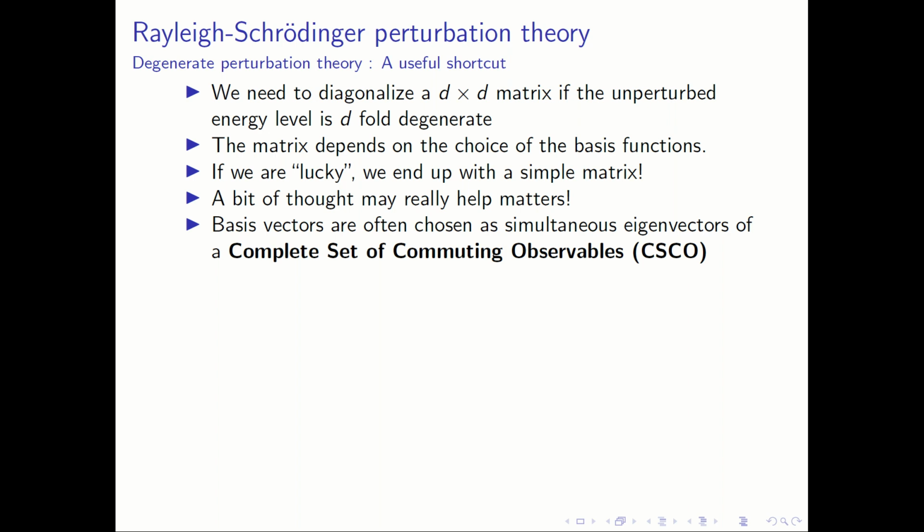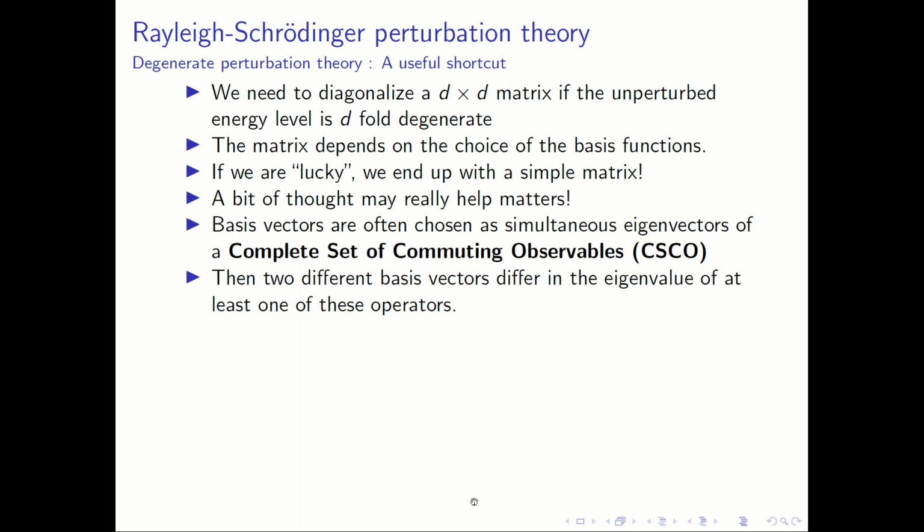So basically, this is a matter of labeling. You keep on adding more and more commuting observables to your set so that the eigenvalues of all of these ultimately completely identify which state you are dealing with. Now, then 2 different basis vectors in the set of course differ in the eigenvalue of at least one of these operators. That is what we mean when we say that the set of commuting observables is complete.